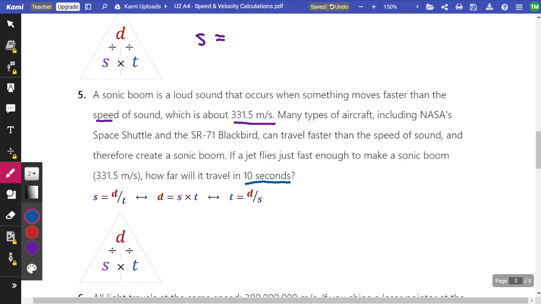So you have to have a careful eye for these kinds of problems. We're looking for how far this jet is going to travel, so you'll want D equals something divided by something or something times something. Make sure you pick the right equation, and make sure you're careful about what goes on top and bottom when you divide.